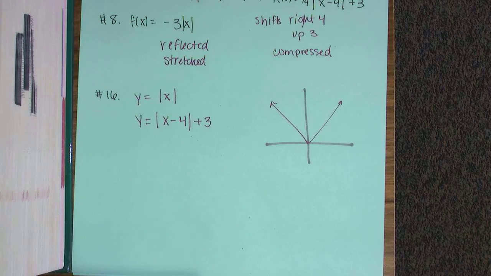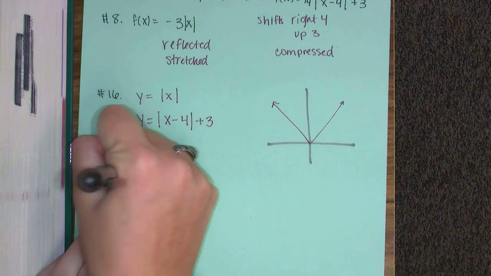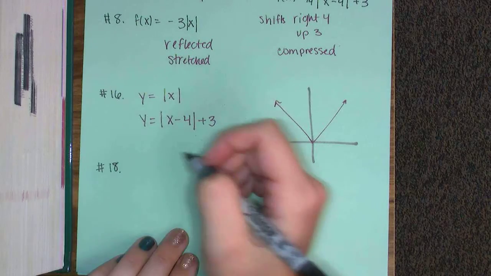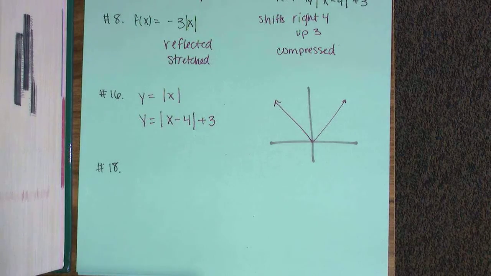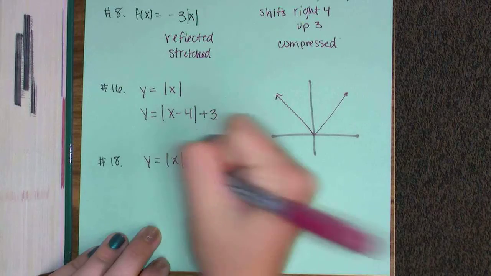So, 18. Let me do this one first because this one's a little different. Okay, so this one is upside down. You always start with y equals the absolute value of x.